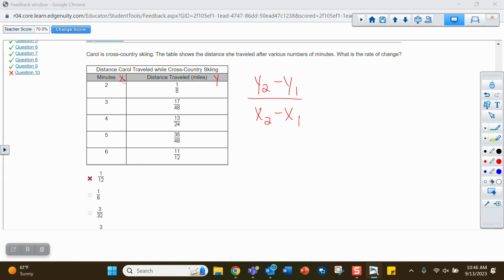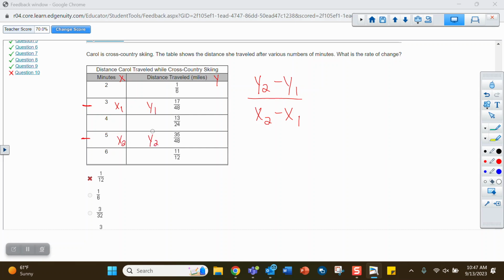So I'm actually going to strategically pick this one and this one because I noticed that the y values both have a denominator of 48, which means I won't have to get a common denominator because they already have one. So that's intentional in my picking. So if I do y2 minus y1, so this is x1, y1, this one is x2, y2.